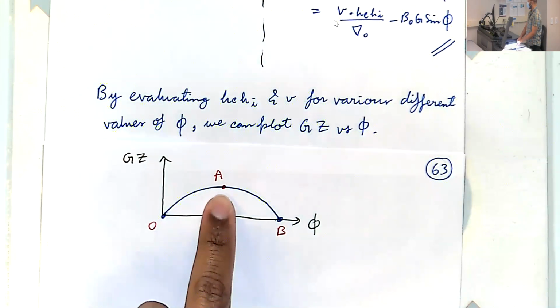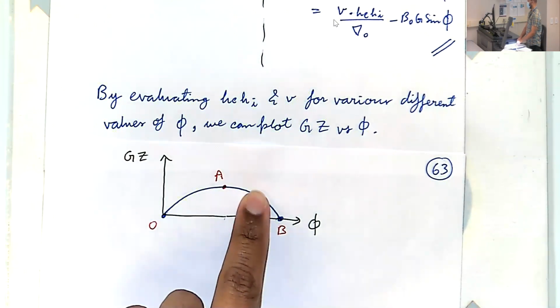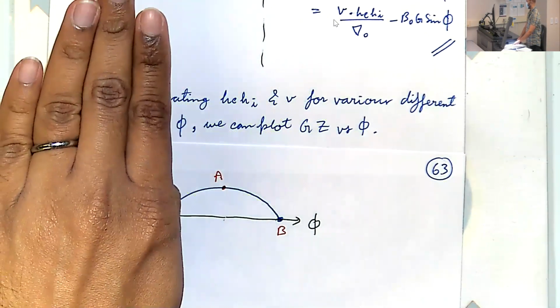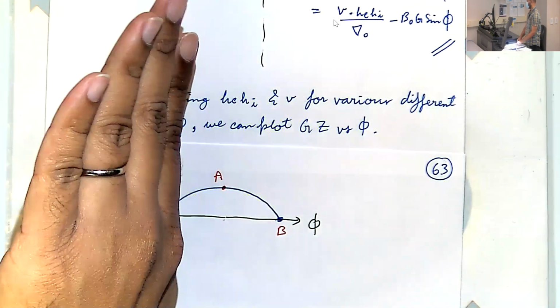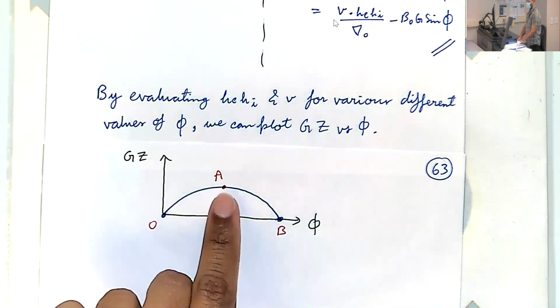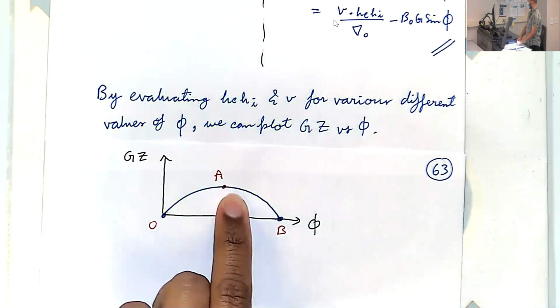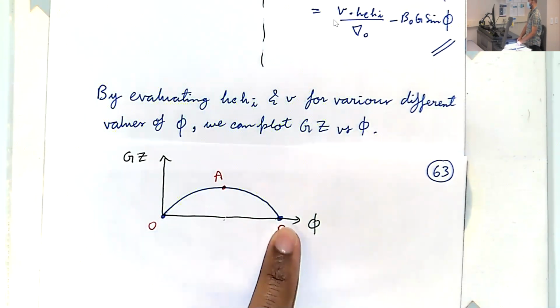But if you go further than this point, then you start losing that restoring ability. Okay, and then you start getting into the danger of capsizing completely. Once you hit this value, whatever it might be, let's say it's 40 degrees, what happens here?